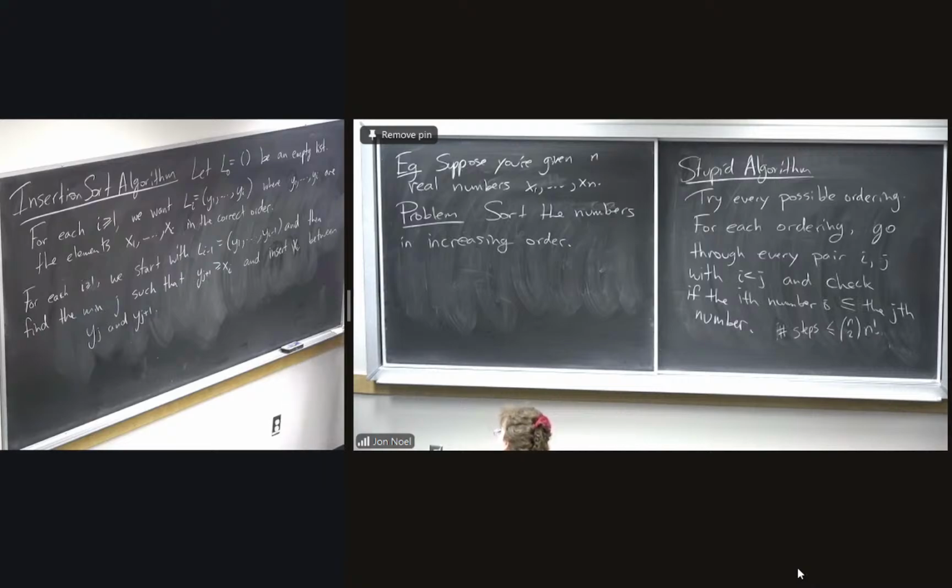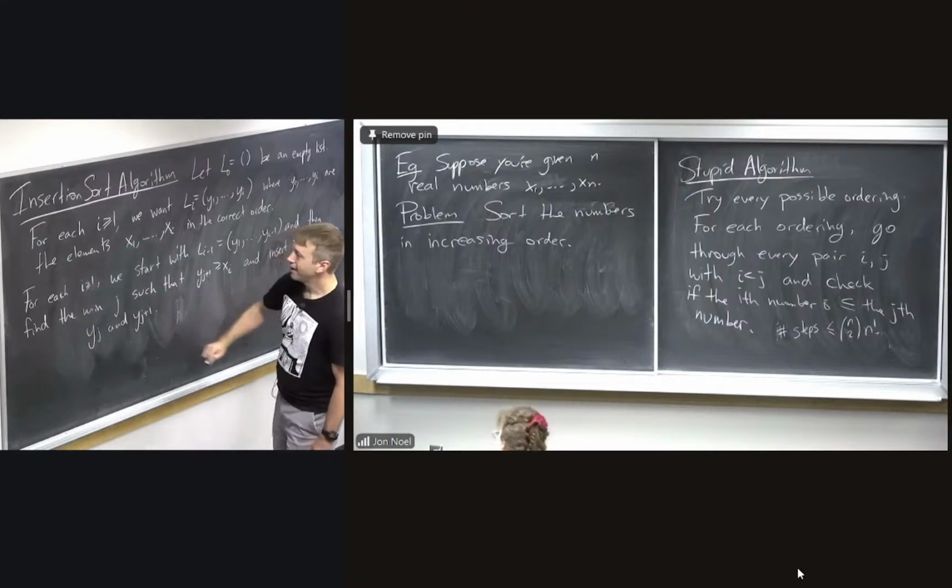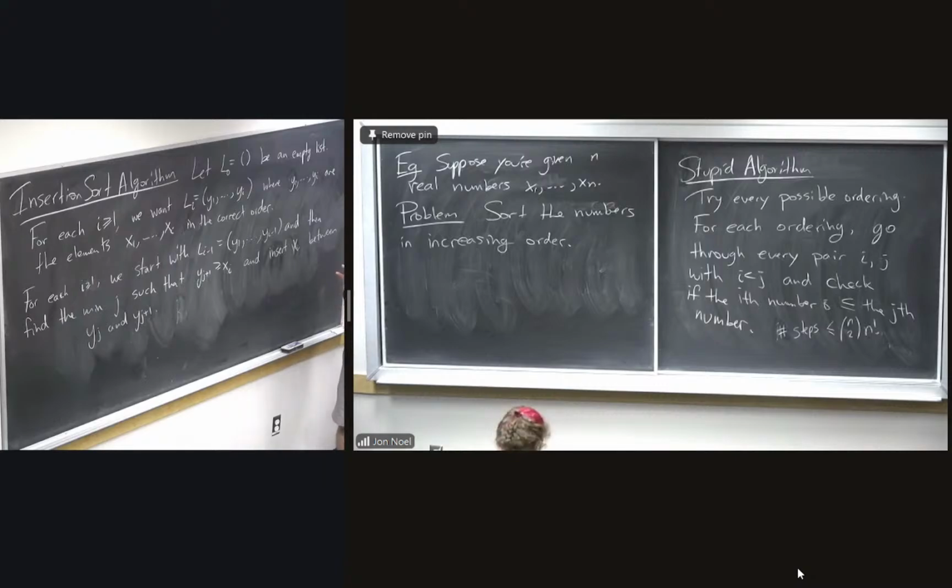Yeah, totally. So the running time, if I was to be really careful about this, I could say on the ith step, I need to do i minus 1 comparisons, right? Basically, I take my sequence Li minus 1. I've got xi, and I'm trying to figure out where to put it.